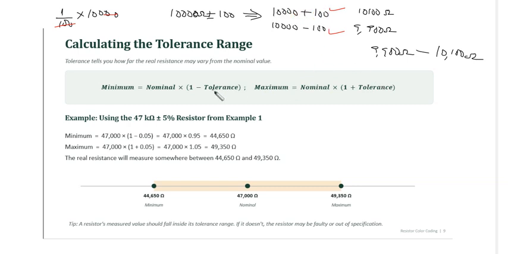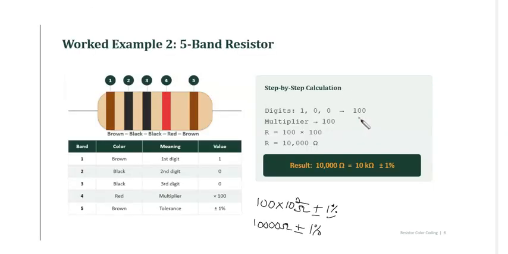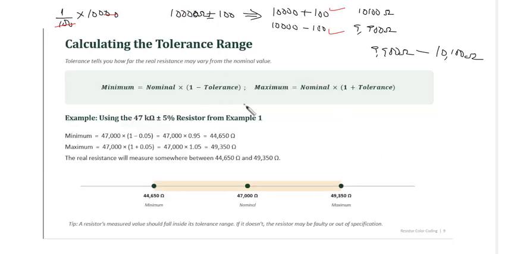If you use this formula, you put the tolerance in percentage form, and if we plug in the values, we still get the same results.